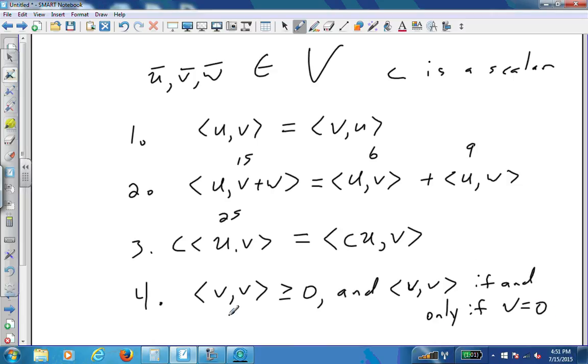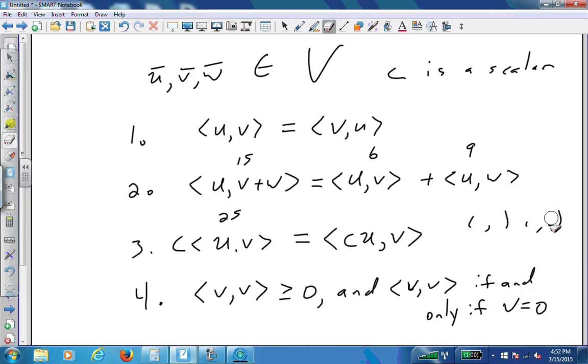So for example, if you take a vector, dot it with itself, the only way you'll get 0 is if both of those are the 0 vector. Otherwise, you'll get a positive number.